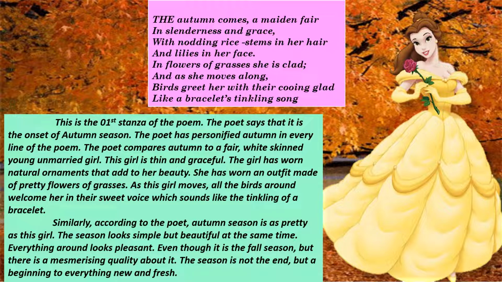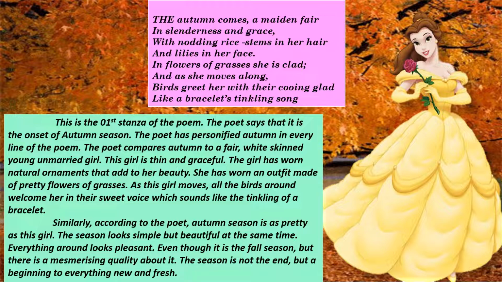So for us to understand the crux of the poem, the poet very clearly at the beginning is making a direct comparison. So the poet says that the autumn season is like a fair, white-skinned, young, unmarried girl.